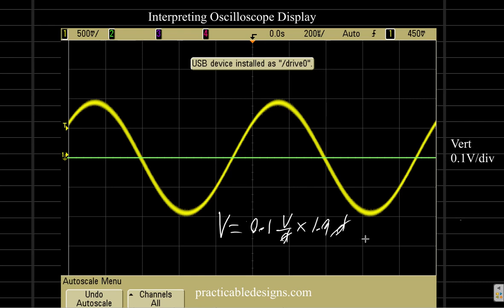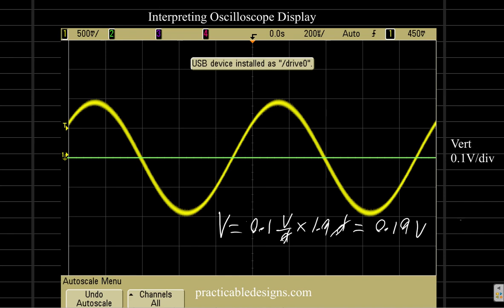Division cancels division. So what you have is 0.1 by 1.9, which is 0.19 volts. You see that? So what you have there is 0.19 volts.